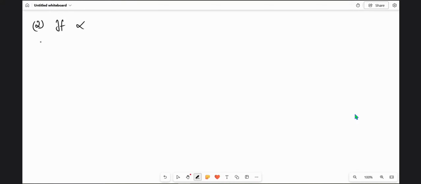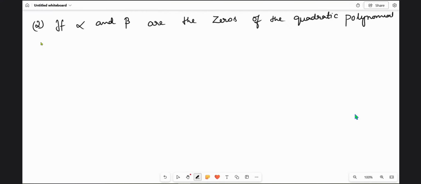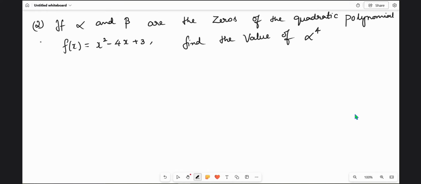If alpha and beta are the zeros of the quadratic polynomial f of x is equal to x square minus 4x plus 3, find the value of alpha to the power of 4 into beta square plus alpha square into beta to the power of 4. Find this.